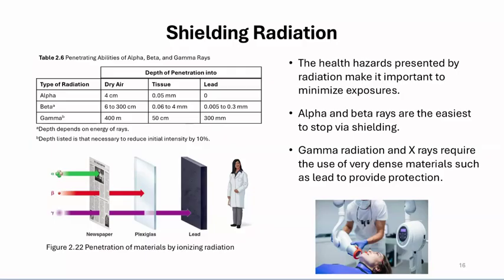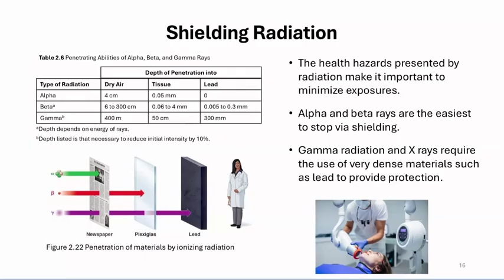Lastly, in here, we can see that if these particles are shielded by lead, specifically, we can see how all of a sudden that penetration is reduced. What that means is that there are some materials that can be utilized as shield in order to minimize exposures to these different types of radiation.